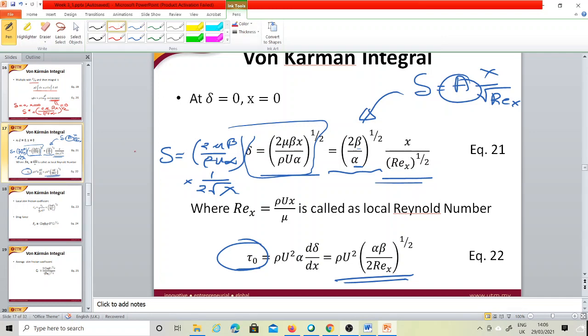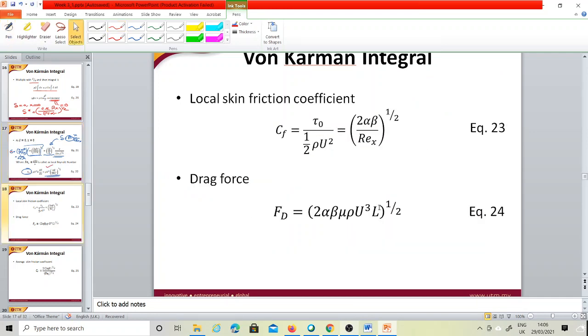Just differentiate delta with respect to x and then put the value here. This one you can also consider Re x. You can differentiate this one also, it is possible. Okay, whatever you like, at least you will get this expression.